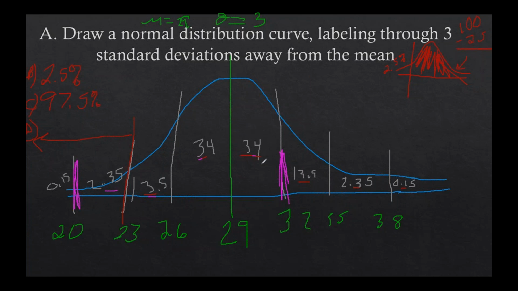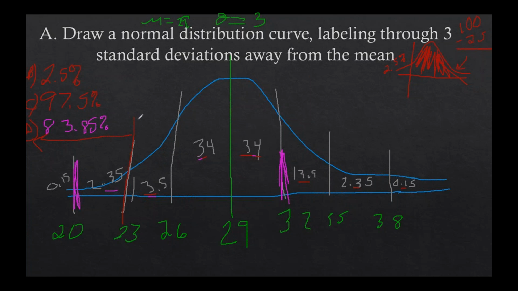So if we add those 4 together, 83.85. Yes. I was looking at the wrong number. I'm like, that's not right. Yes, so 83.85%. If your goal is to get a car that has between 20 and 32 miles per gallon, that's the percentage you're looking for, or that's the probability of it actually happening.